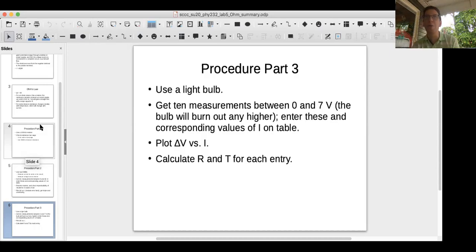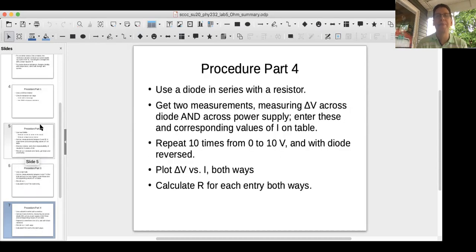You're going to use Ohm's law to figure out the resistance as the current goes up. Then you're going to calculate the temperature. Given it's a tungsten filament, you can figure out its temperature coefficient of resistivity, and with that, you can figure out the temperature as well. That's another column I want you to put on that table.